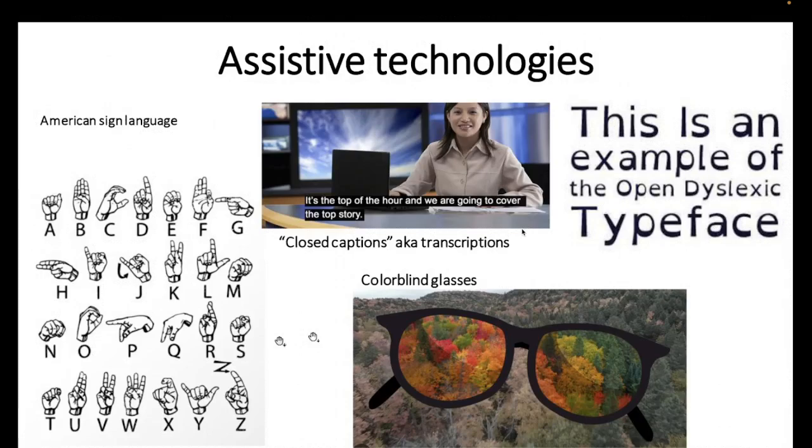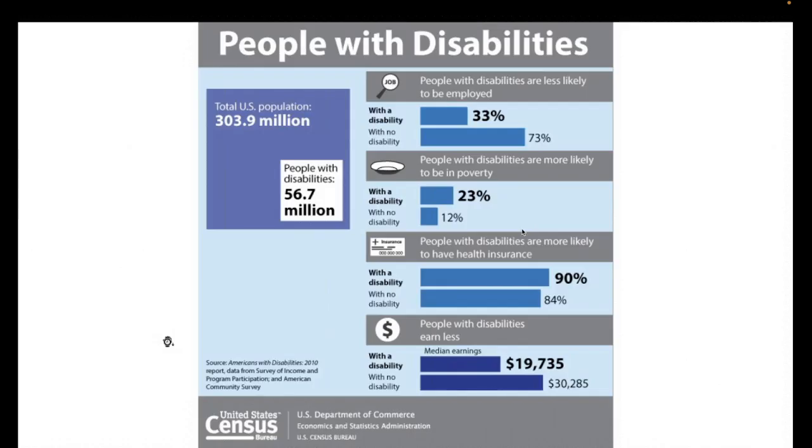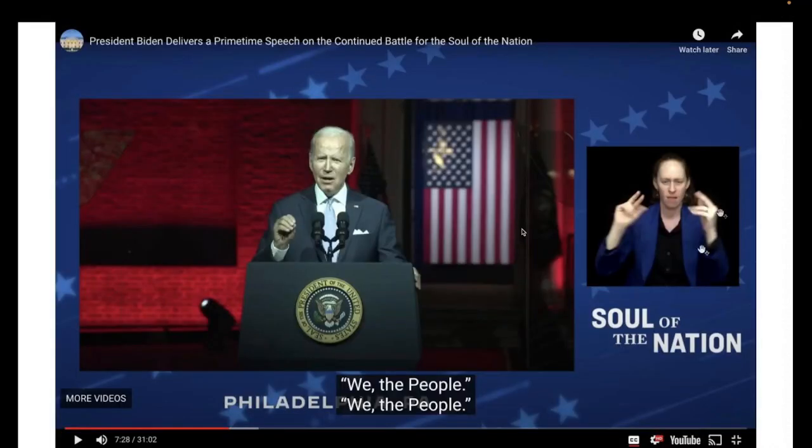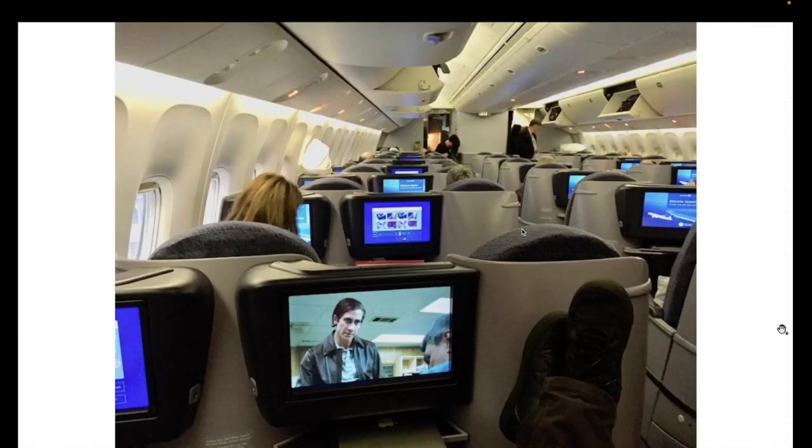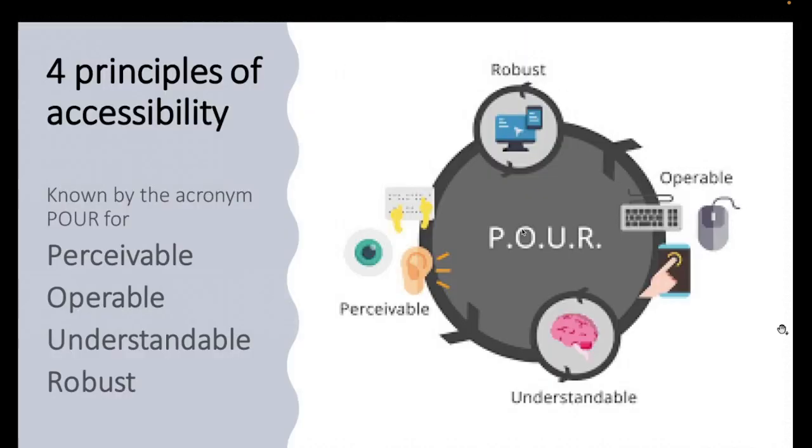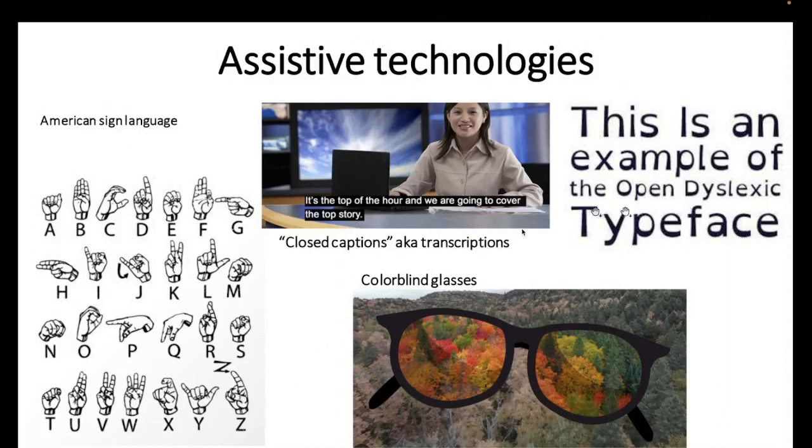Assistive technologies, American Sign Language. We have seen that on this slide, right? This is American Sign Language. This must be for any government event, or you can see that. And this is the font typeface for dyslexic people, a special font for reading books.